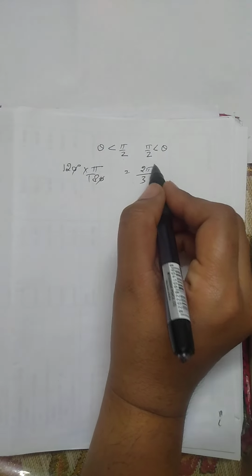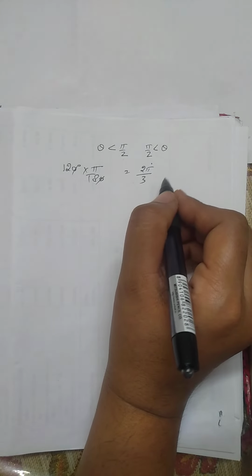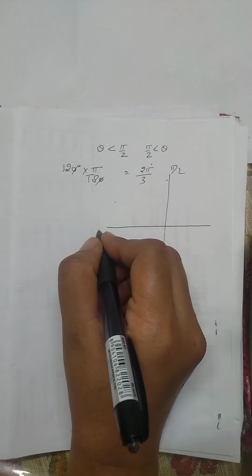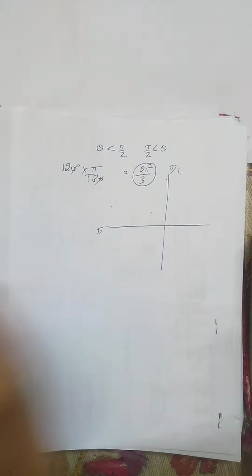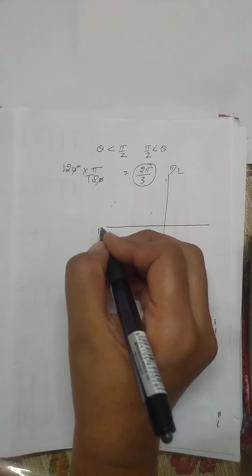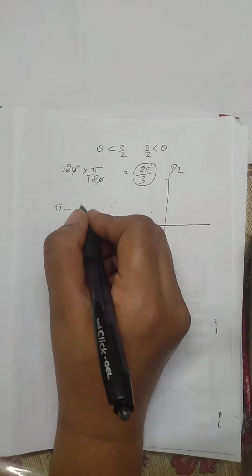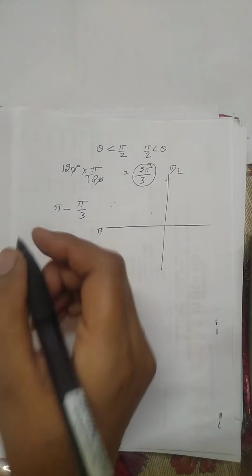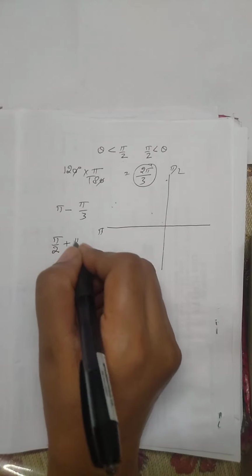So we know that this 2 pi by 3 lies between pi by 2 and pi, in the second quadrant. So we will write it as pi minus pi by 3, or we will write it as pi by 2 plus pi by 6.